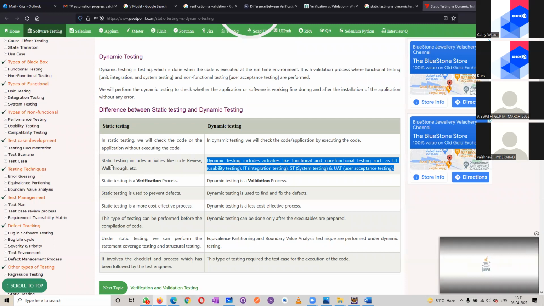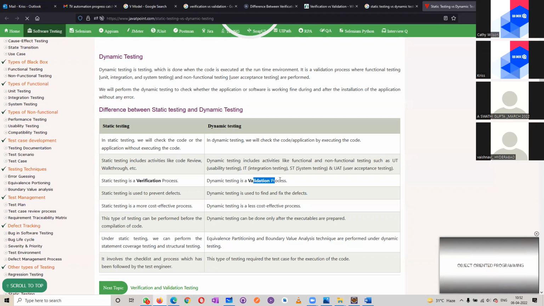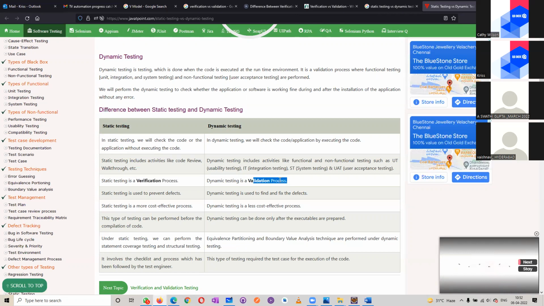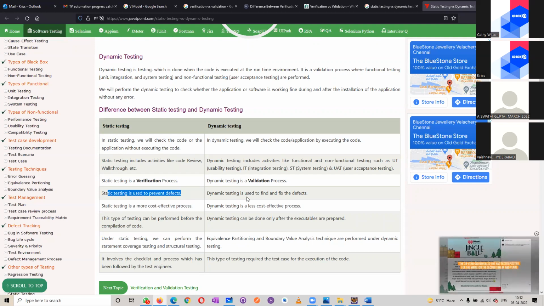Okay, so this is called the verification process, and this is called the validation process. One is about making sure things will not go wrong, and the other is about identifying things when they go wrong. So there is a slight difference.